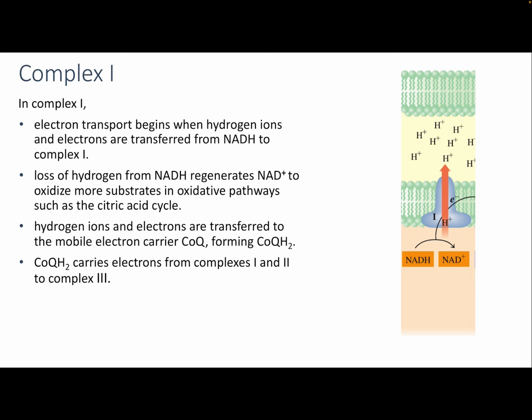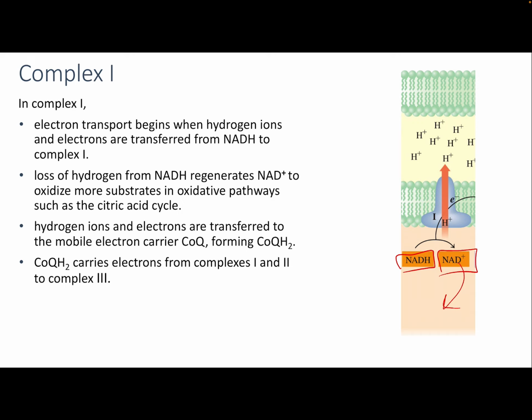Complex 1 is where NADH transfers its electrons. So NADH, losing its hydrogen, is going to reform NAD+. That's how this can go all the way back to glycolysis and help to oxidize more sugars.